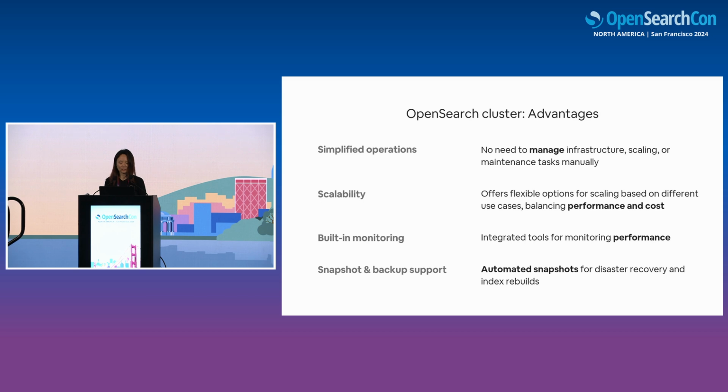Finally, snapshot and backup support is provided through automated snapshots, which are crucial to disaster recovery and index rebuilds, ensuring our data integrity and resilience. These features collectively enhance our operational efficiency using OpenSearch and its reliability as well, and allow us to focus on leveraging OpenSearch to meet our specific needs.